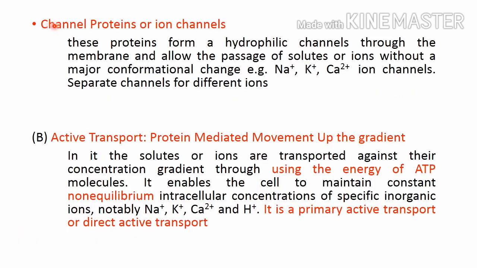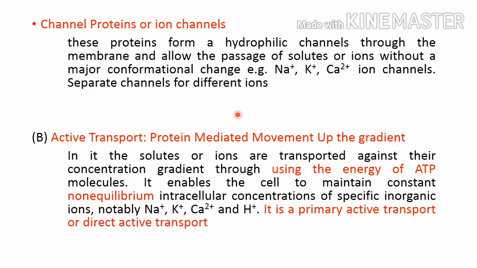The channel proteins or ion channels are further passive transport, and these proteins take part in the transport of various types of ions such as potassium, calcium and sodium. Different types of proteins are for different types of ions, and these channel proteins are simply called ion channels.